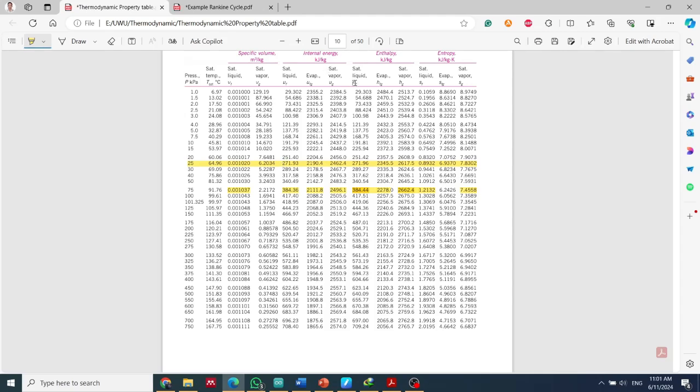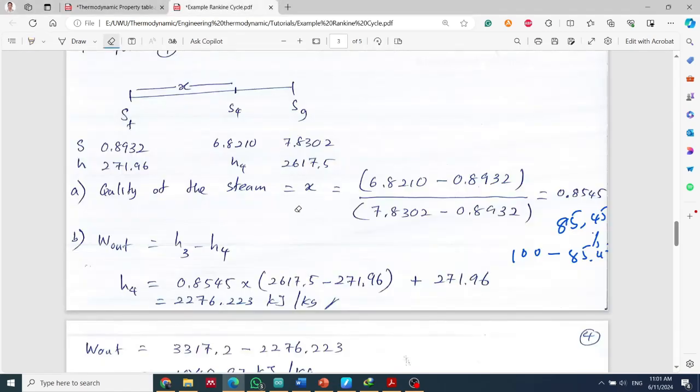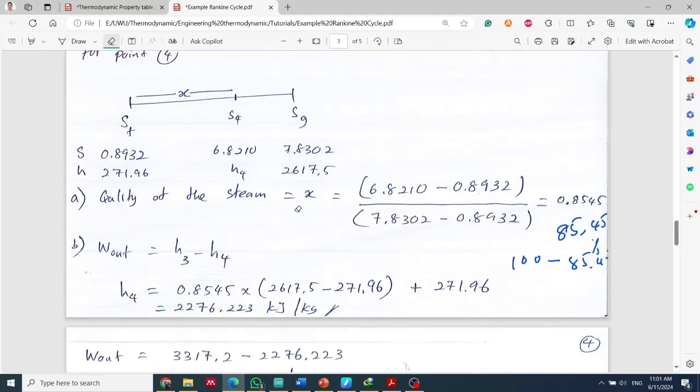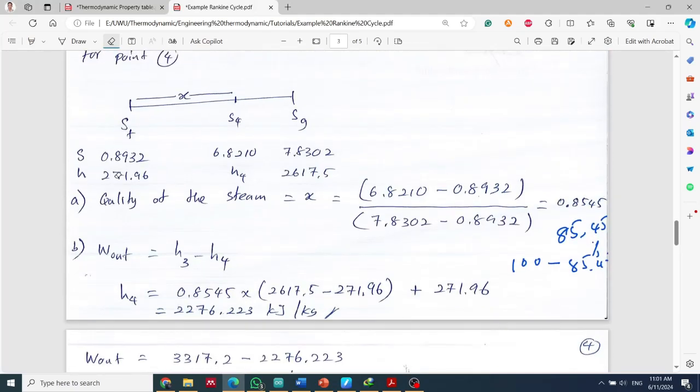So we have to extract HF and HG. Under the 25 kilopascal pressure, the HF value is 271.96 and the HG value is 2617.5. Those are the values written in here. Then we can write the equation for H4.